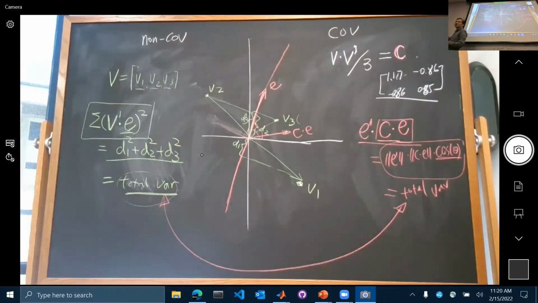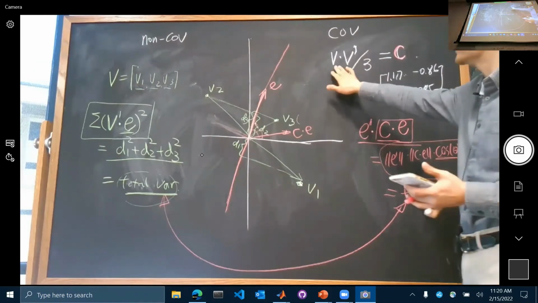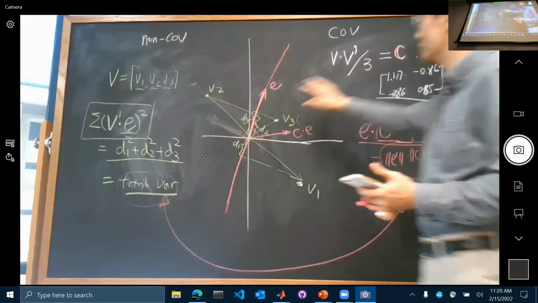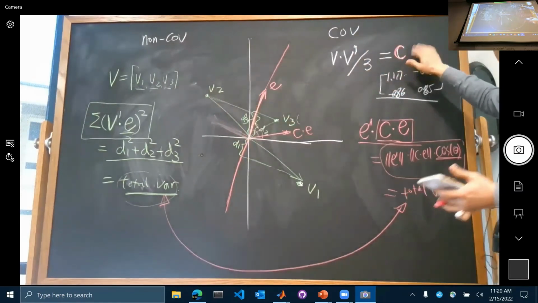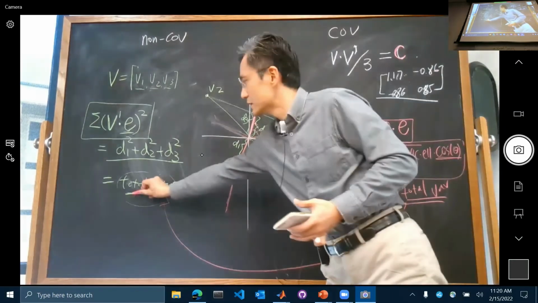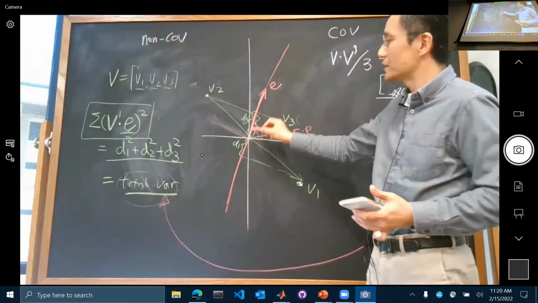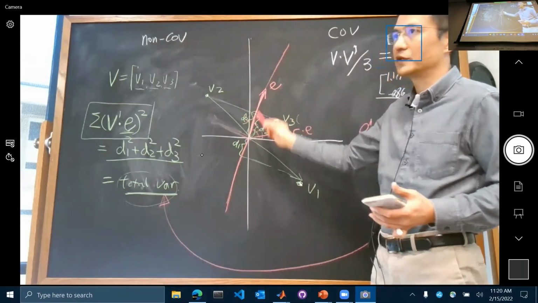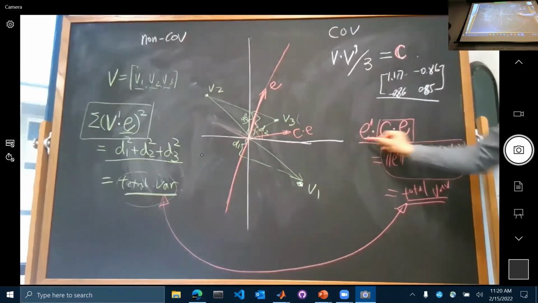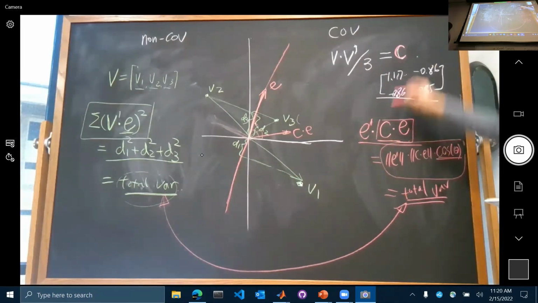I don't know who figured out this trick, but eventually if you add this up, you can do the projection of this, and also you can use the covariance matrix to compute that, and you get the same answer. So in order to optimize this, to find the E which makes the variance large, we can solve it by using C here.